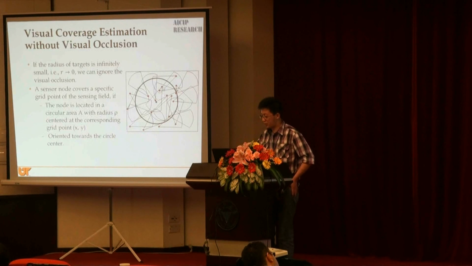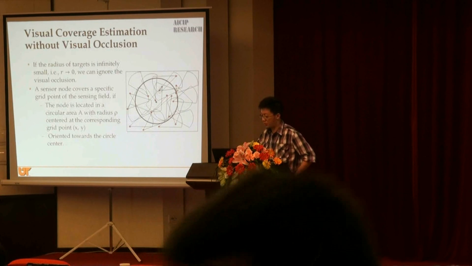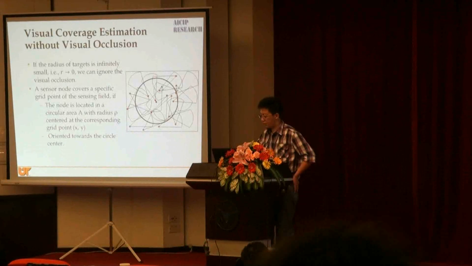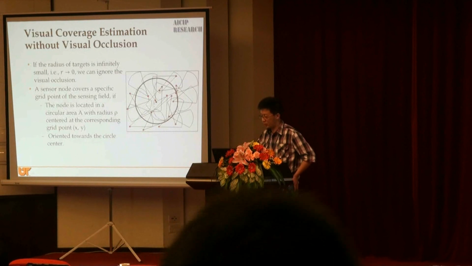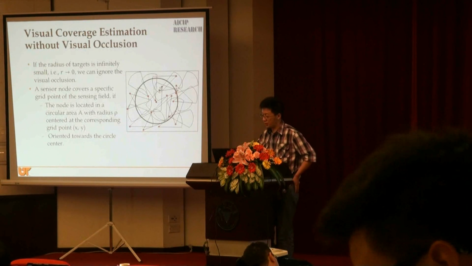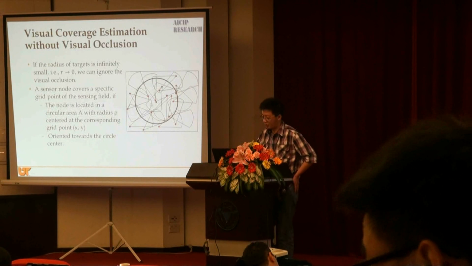That is to say, the sensors in the circle can detect the target, and the sensor must orient towards the circle center. For example, this sensor is oriented toward the target, and it can detect the target.